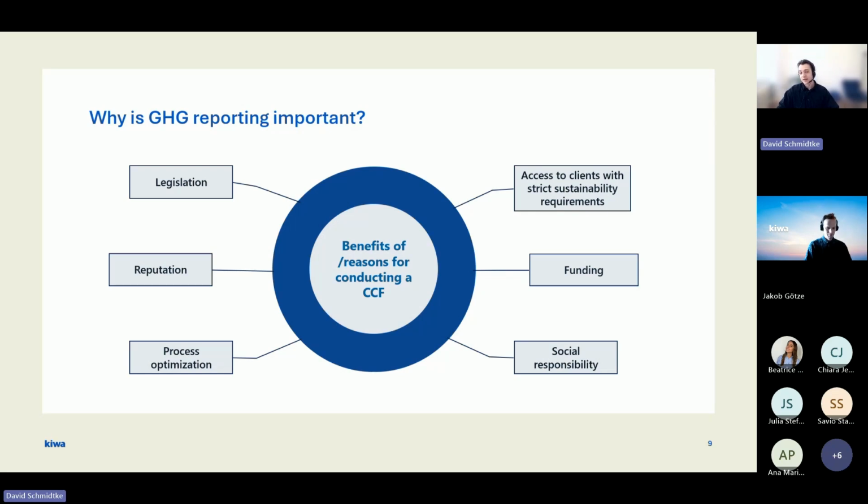Furthermore, it facilitates access to financial institutions that require robust ESG performance, and oftentimes you can receive more favorable terms with a risk reduction strategy that is based on environmental performance data. And last but not least, of course, social responsibility. We all live on this planet, and we should strive to do as much as we can to take care of it.